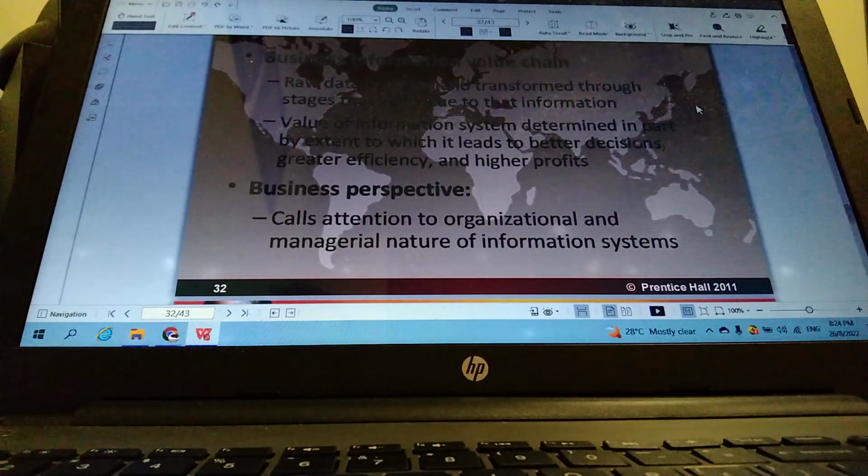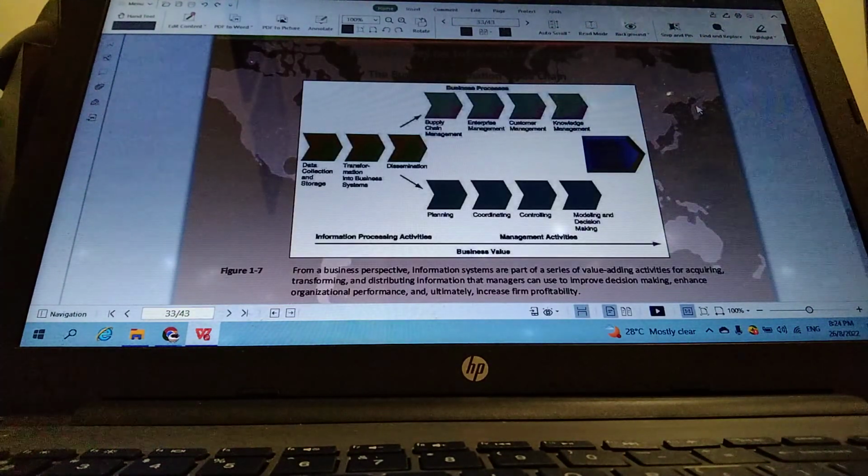Okay, I'm going to skip the next slide. We have discussed this many times, and also the same information is being presented to you in an infographic format, where you have on the left hand side data collection and how data is being stored, transformed into information, into business system, and how the information is being distributed to all the business processes, which you can see on your right hand side, where you can see supply chain management, enterprise management, customer management, knowledge management, planning, commissioning, controlling, modeling, and decision making.